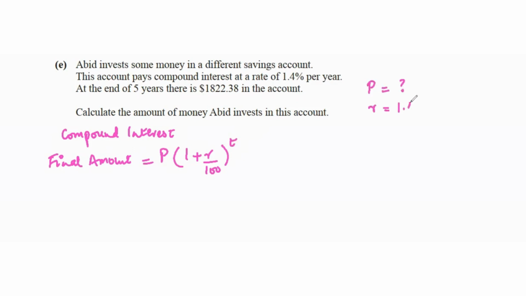R, the rate of interest, is given as 1.4%, and time is given as 5. And the final amount is given as 1,822.38. So we will put the final amount equal to P times 1 plus 1.4 over 100 to the power of 5.